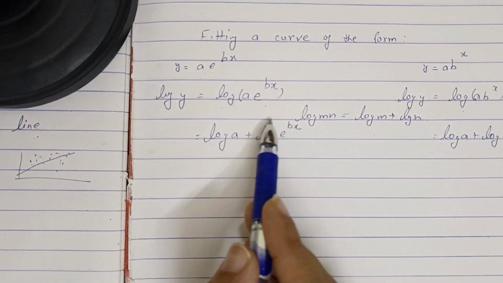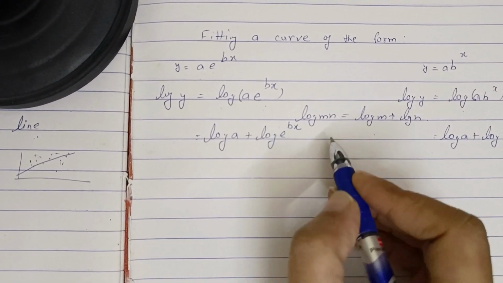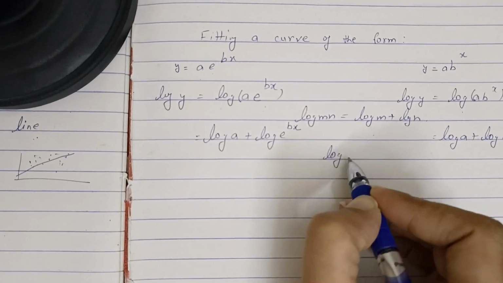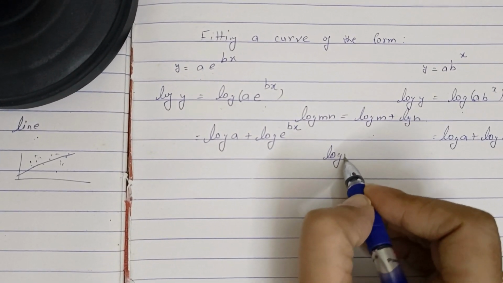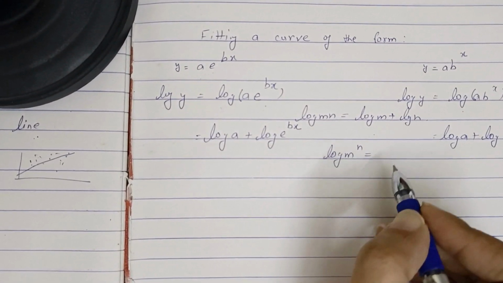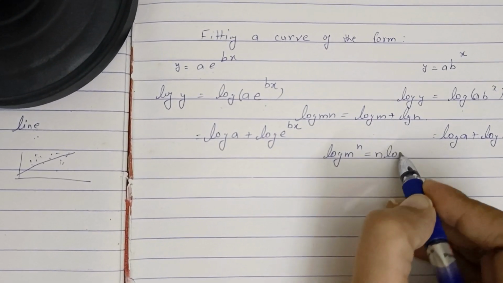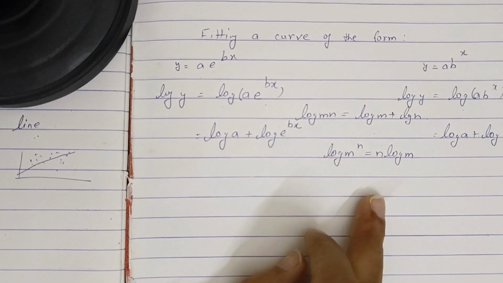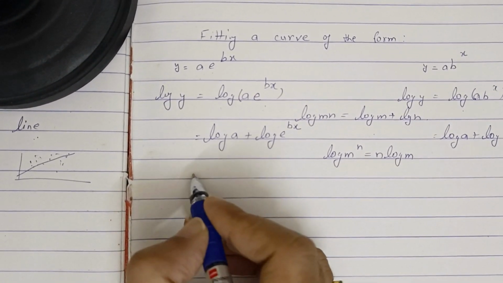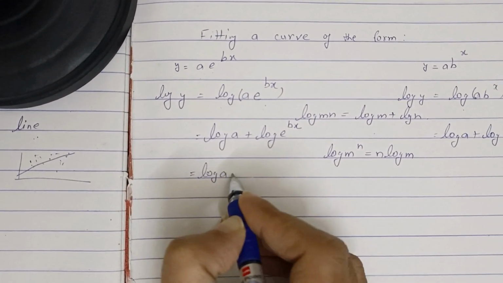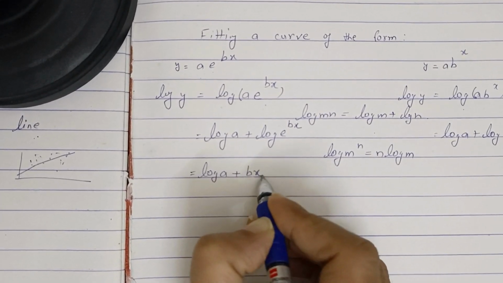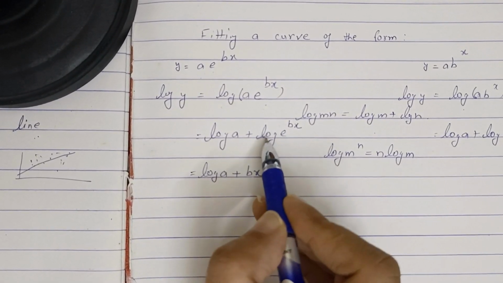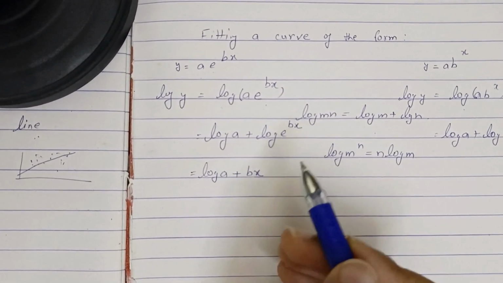Now this you can again simplify using this. You must be knowing this: log m to the power n is the same as n log m, correct? We are going to use this formula here. So you will get log a plus bx log e, and log e is nothing but 1.